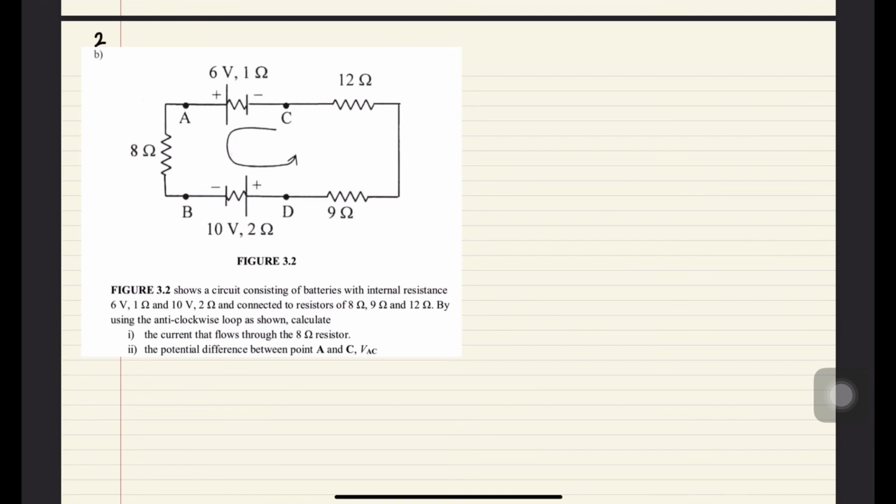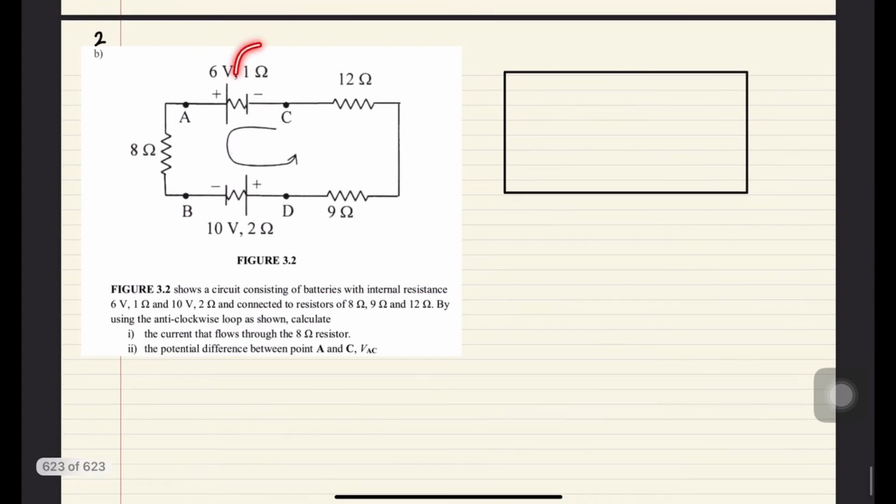To do that, maybe I can try to redraw the circuit because I want to take out the internal resistance, so that I don't miss it. So I have 8 ohm over there, power supply over there, the internal resistance, the resistor, another resistor there, another internal resistance over here, and then the power supply EMF.